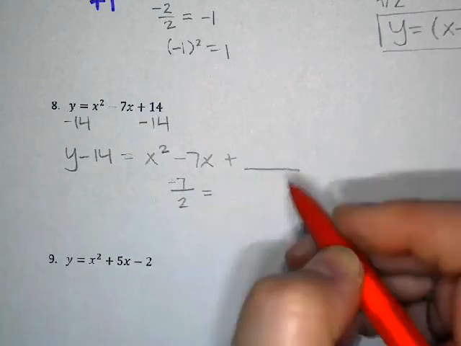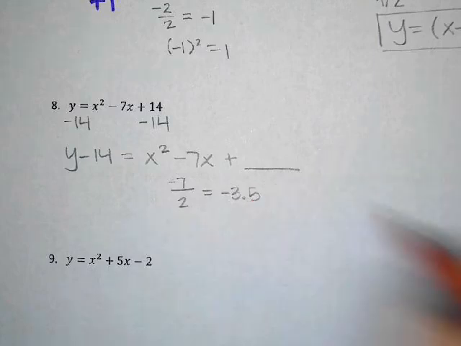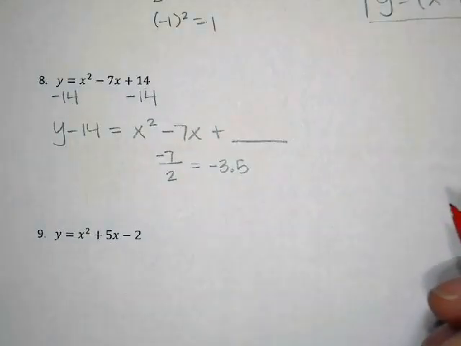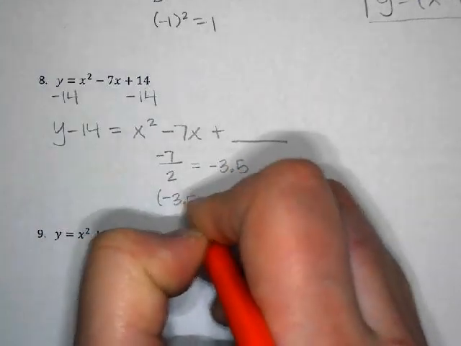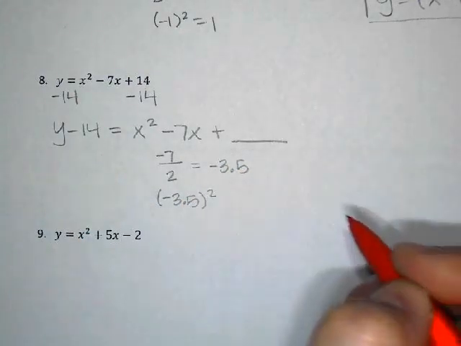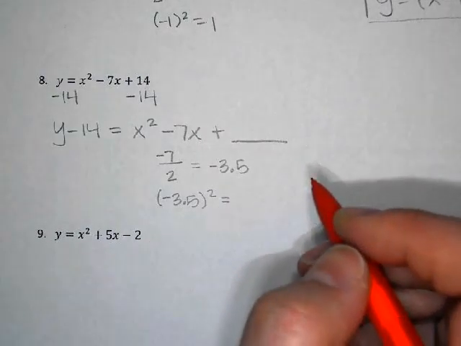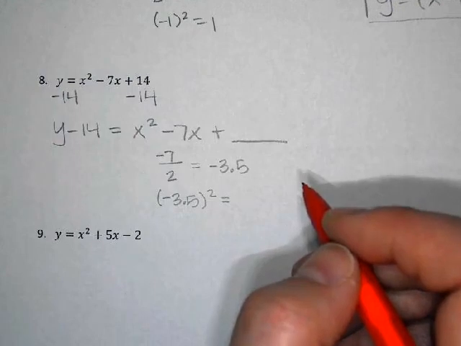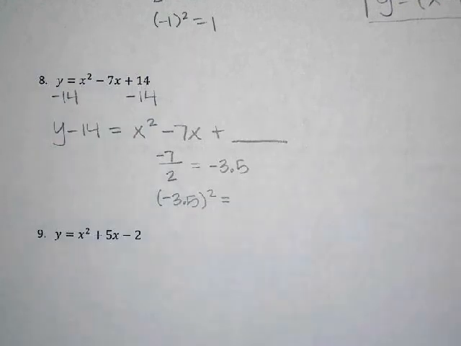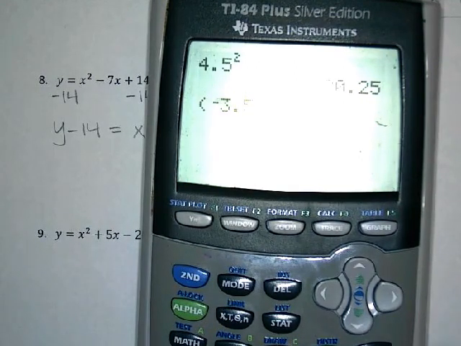Okay. And then what do we do? Take the -3.5 and square it. What do we get? -3.5 squared, 12.25.